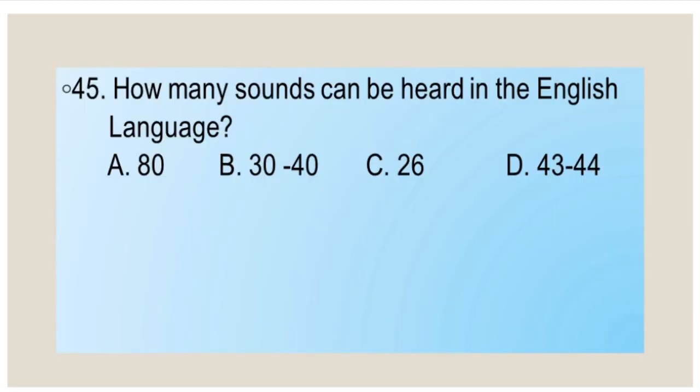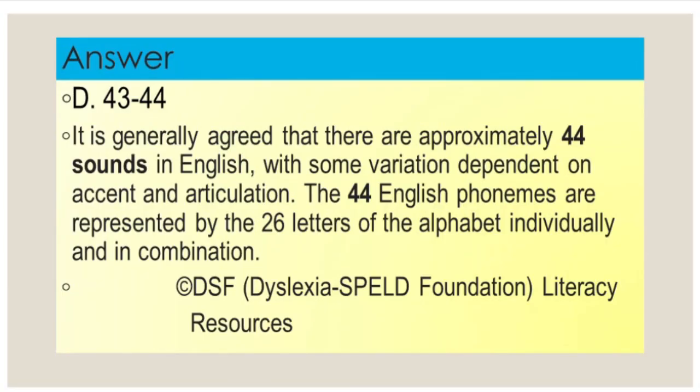45. How many sounds can be heard in the English language? Phonology tells us that there are more or less 80 sounds in all languages of the world. Out of these 80 sounds, 43 to 44 belong to the English language. So our answer is option D, 43 to 44.